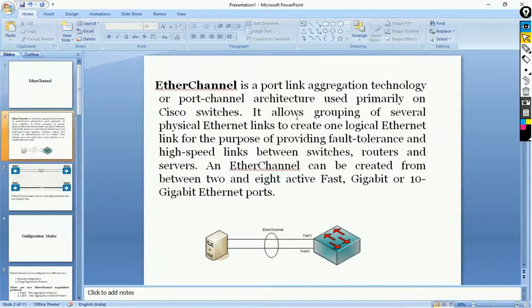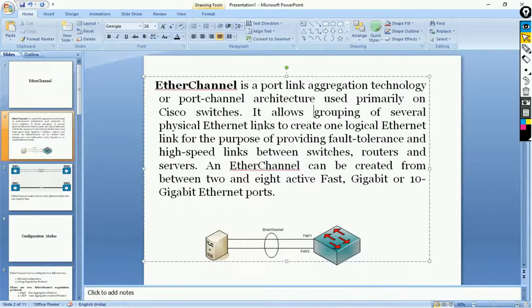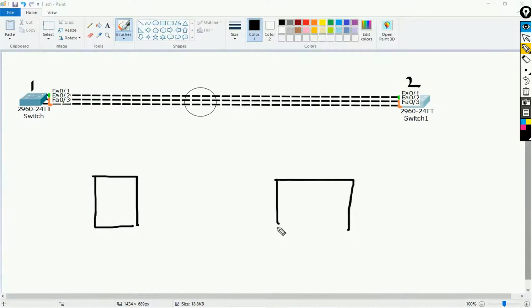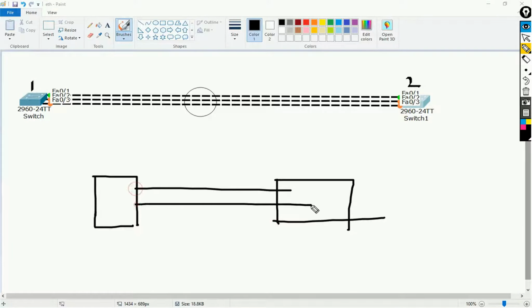It's the bundling or grouping of several physical Ethernet links to create one logical Ethernet link. Suppose this is switch 1 and this is switch 2, and from outside we are connecting multiple links. So 3 physical links we are connecting.